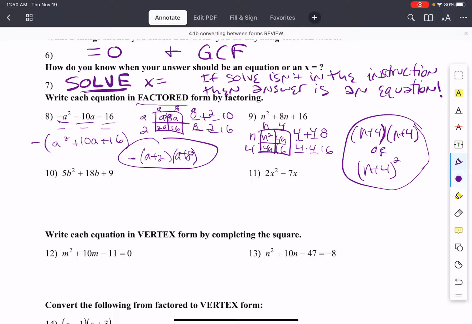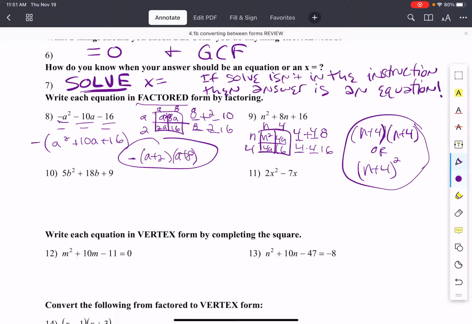All right, I'm going to show it so you can check your answers. N plus 4 times N plus 4 or N plus 4 squared? Who got it? Can I see? Oh, like everybody, yay. Okay, let's do the next one.